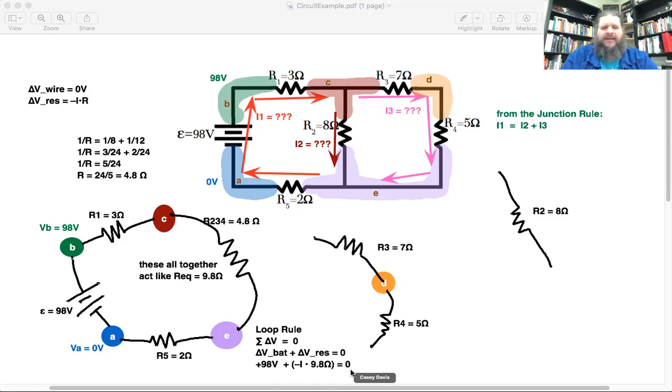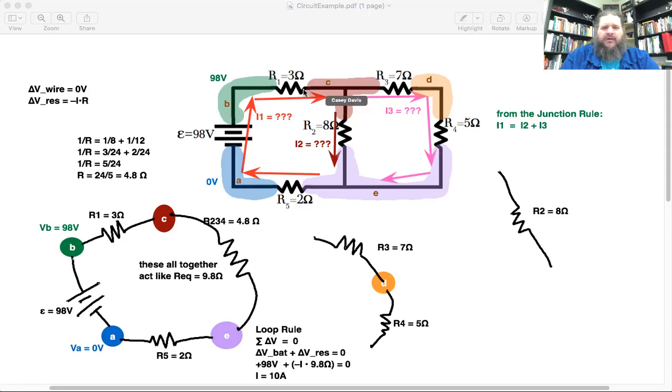Algebraically, if you isolate I in this equation, what do you get? Yeah, negative 98 divided by 9.8, and that'll be 10. So that means the current in this path is 10 amps, volts over ohms being amps.